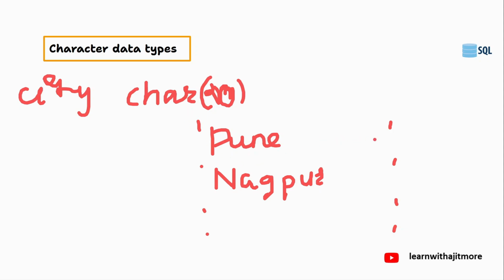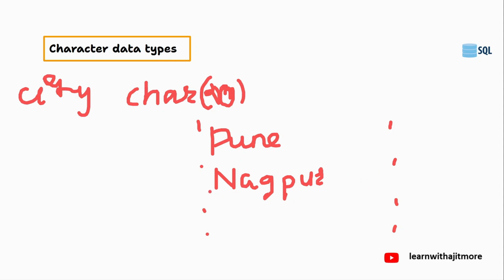Why? Because in char there is wastage also. No? Yes, spaces get padded. So it is a wastage of memory because everyone is going to take 20. But though it is wasting, it is faster in retrieval. While retrieving, char is faster because everyone is of fixed length.